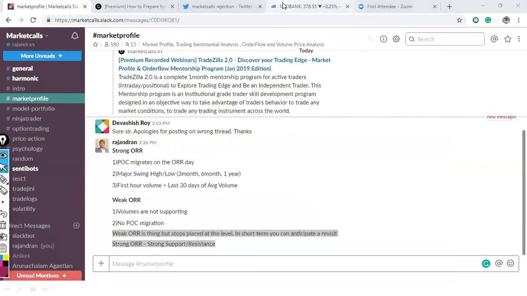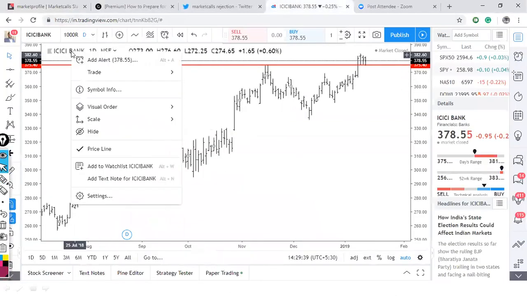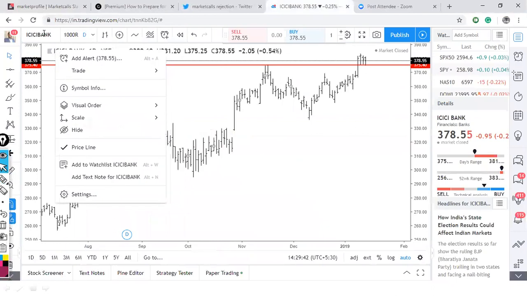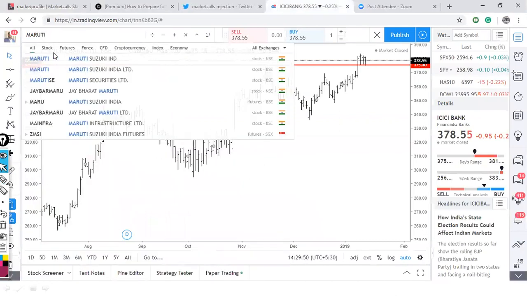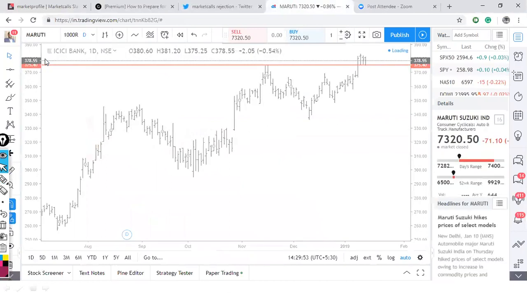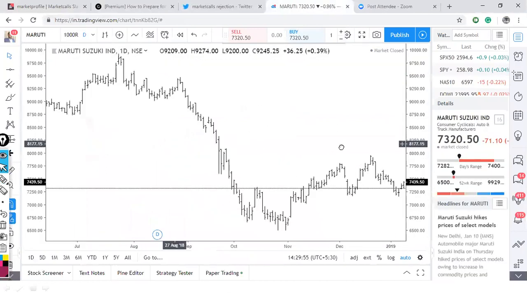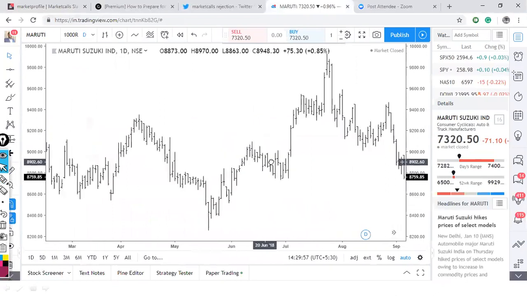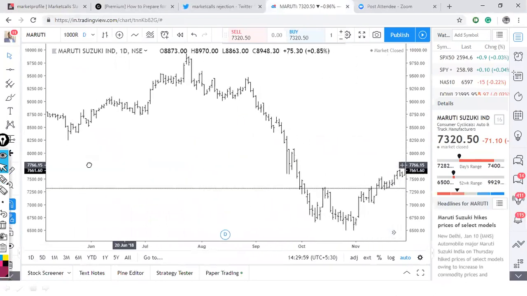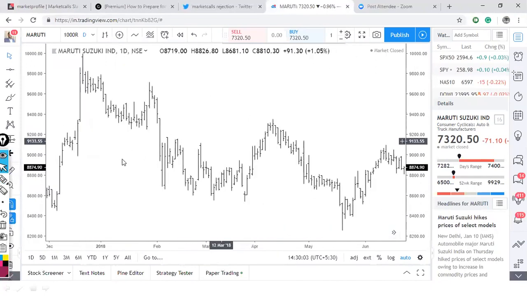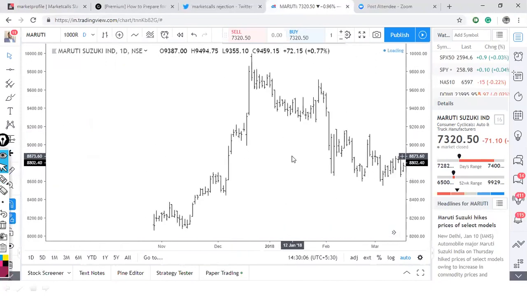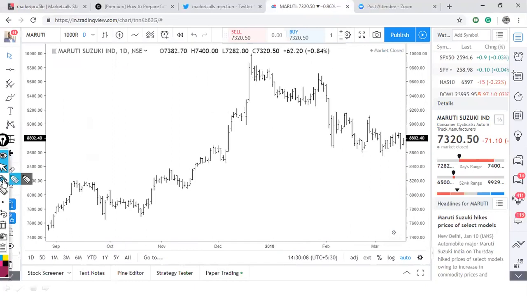Maruti. This is one of the days we got a P-shaped profile.